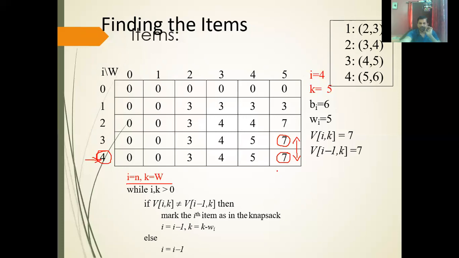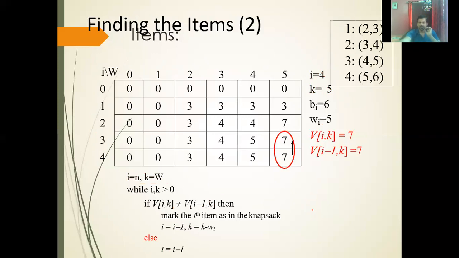So this corresponds to V of 4 comma 5, and this corresponds to V of 3 comma 5. They are equal. Else, just decrement i. Earlier it was 4, so now this value will be 3. There is no change in your k value.